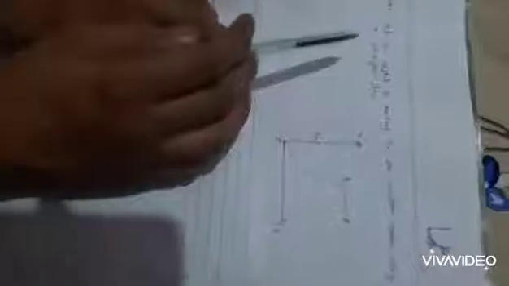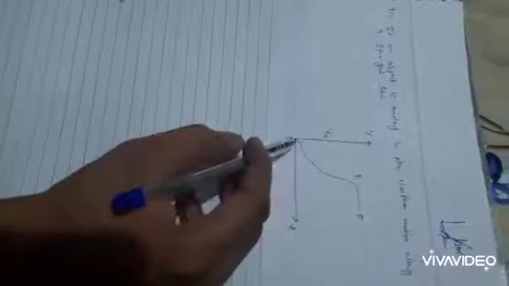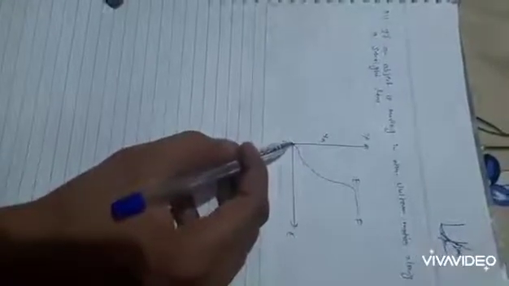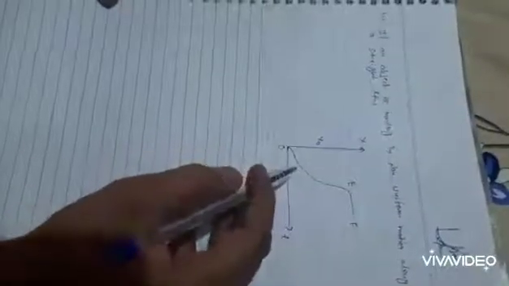Now our next graph is for an object moving in non-uniform motion along a straight line. Suppose a car starts from rest at time t0 from the origin, and it moves along a straight line.